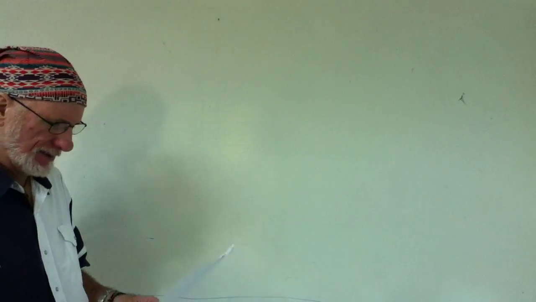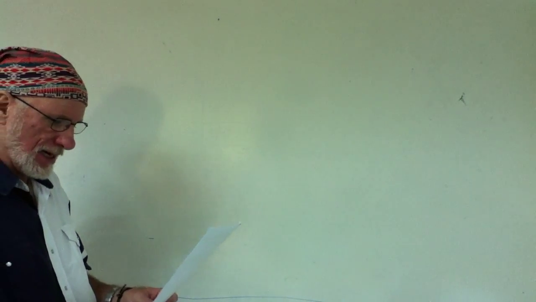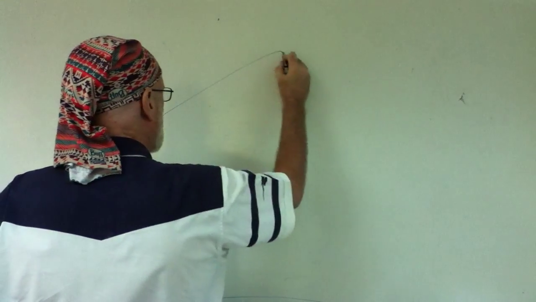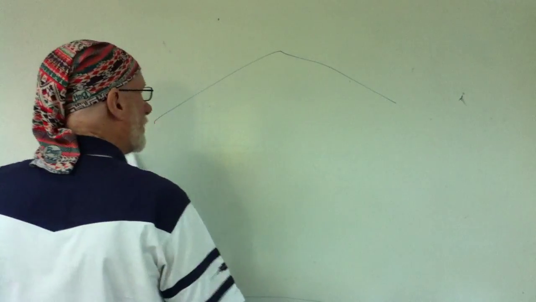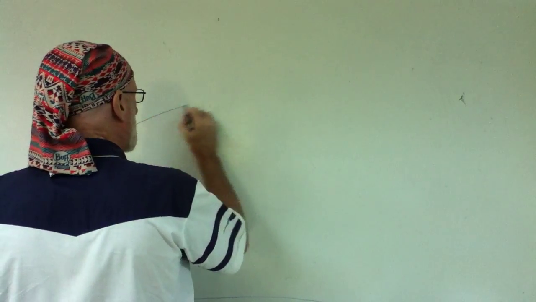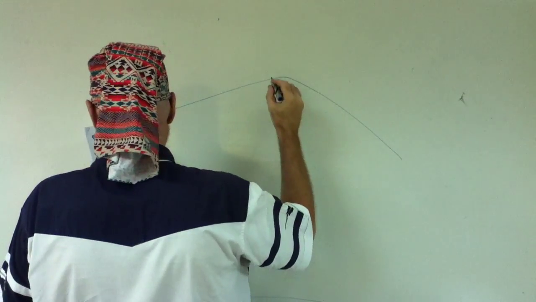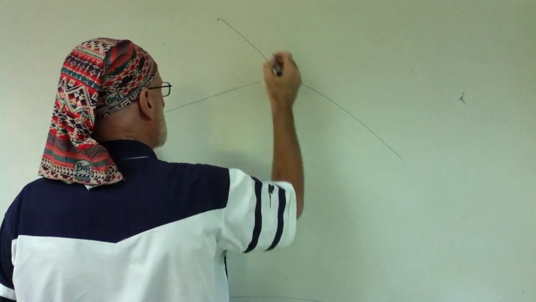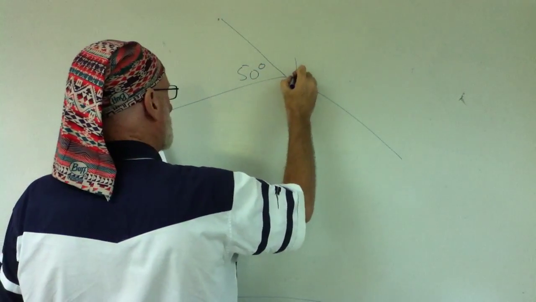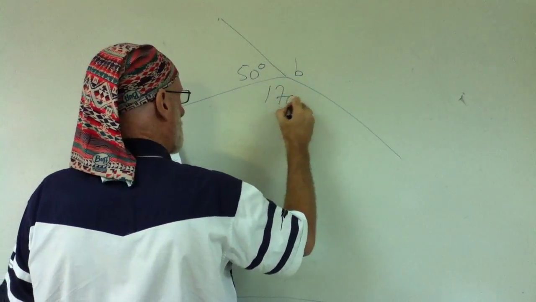All right, now, next. We did a lot of these, where we had, that's not drawn very well. And then you had something like this. Then you had 50 degrees, B, and 170 degrees.